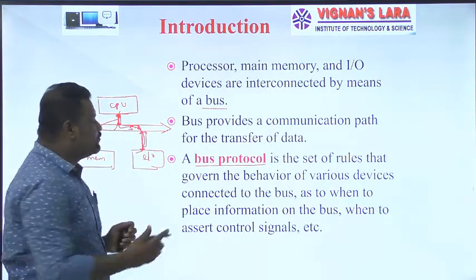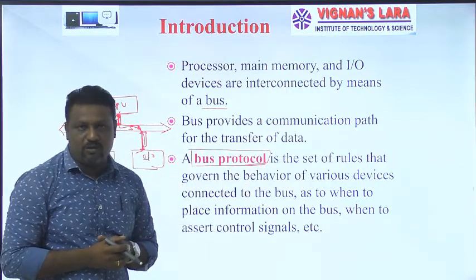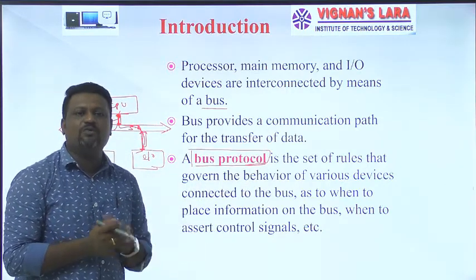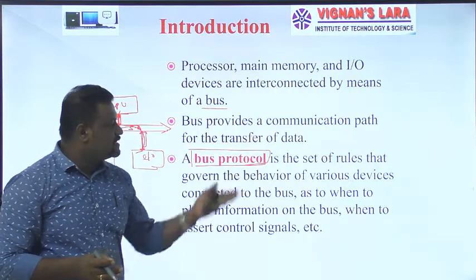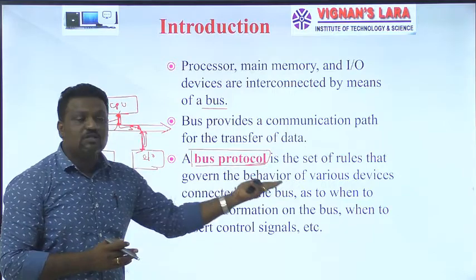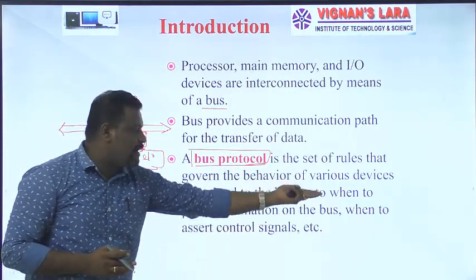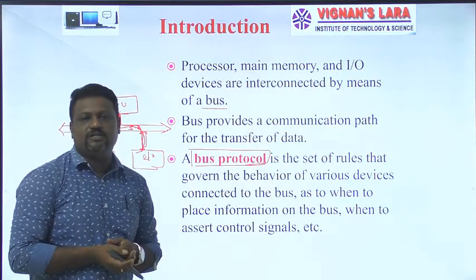That set of rules is what we call a bus protocol. I hope you understand what a protocol is. It is a set of rules that govern the behavior of various devices connected to the bus, when to place information on the bus and when to assert the control signals, etc.